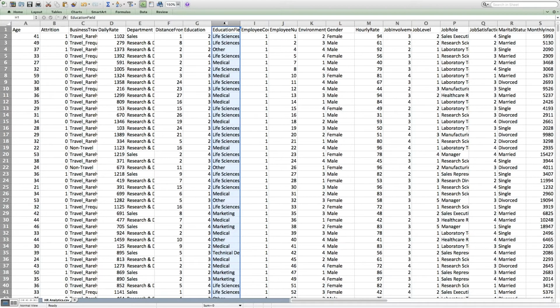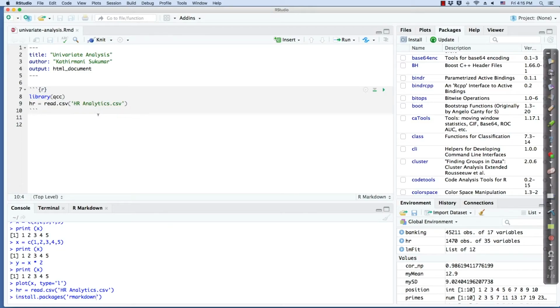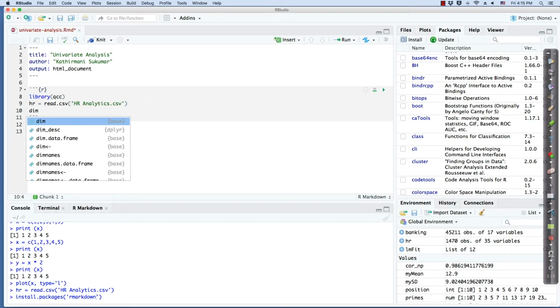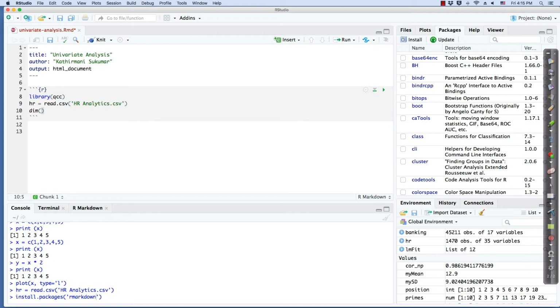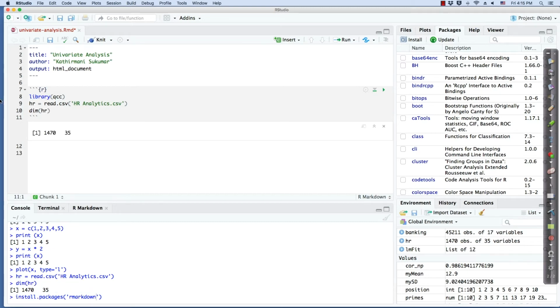First, let's identify how many unique categories we have in this column using R. You can download this file from my GitHub repository, github.com/skadirmani/datasets. After reading this CSV file, we can check the number of rows using the dim function. So, we have 1470 rows, which is close to 1500, and we have 35 columns.